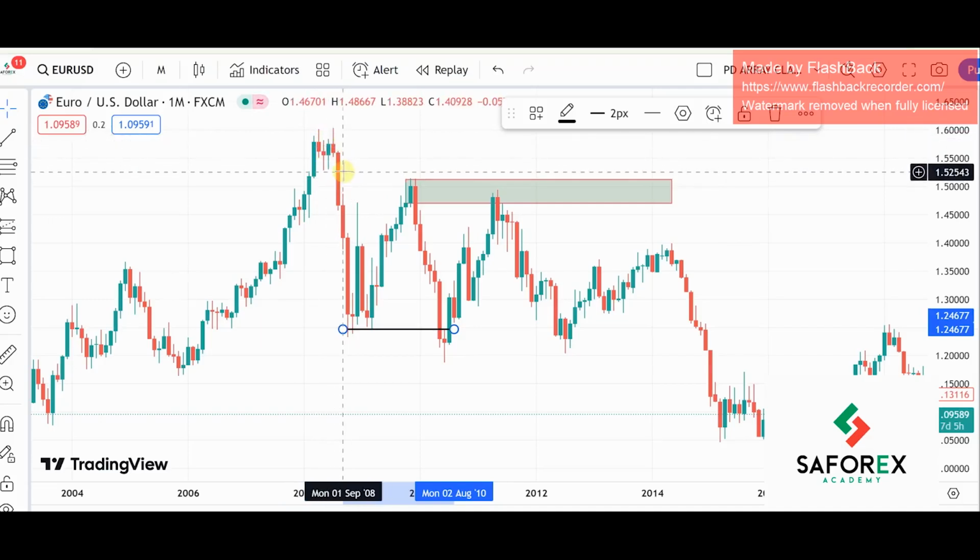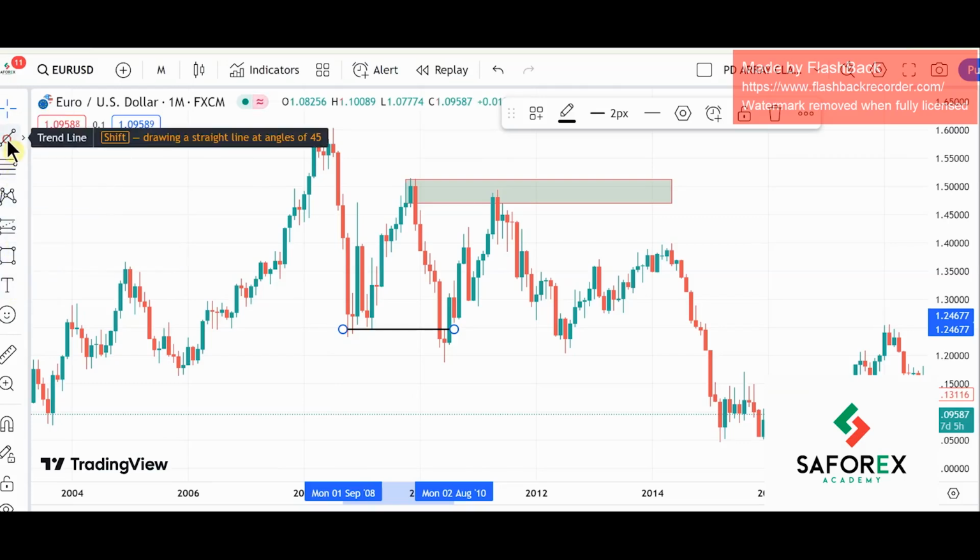Though it still has some of the preferences we'll be using. Like another third one is that it must have an imbalance, in the sense of a fair value gap. We'll teach fair value gap and how to enter fair value gap. After this, I'll be dealing with fair value gap.